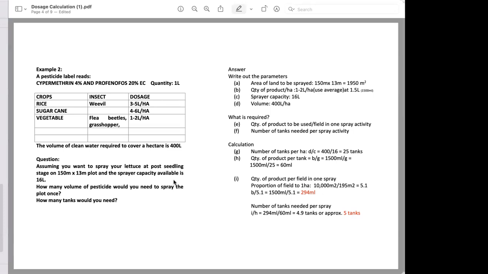How much volume of pesticide would you need to spray the plot once? How many tanks would you need? Let's delve into the breakdown.